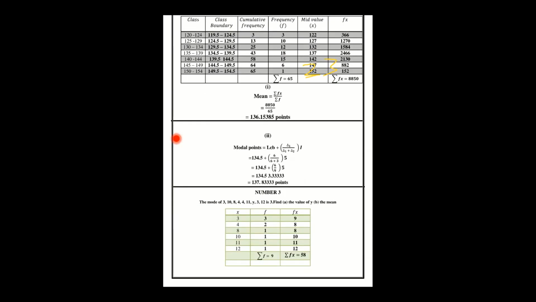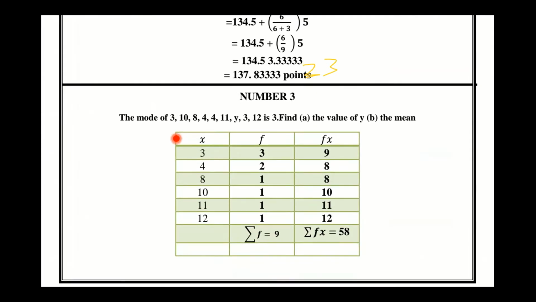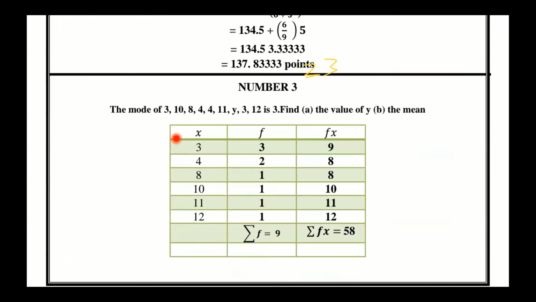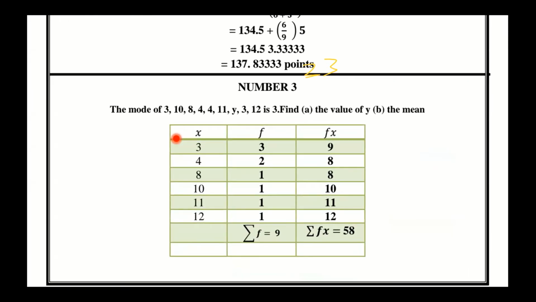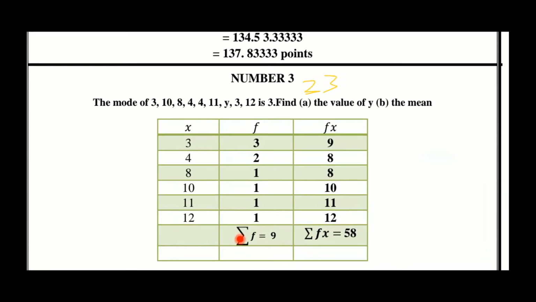And respectively, the frequencies: we are making y 3, so the value 3 will have a frequency of 3, and 4 remains with a frequency of 2. 8 frequency 1, 10 frequency 1, 11 frequency 1, and 12 frequency 1. When I add all the values of f, I'll have summation f equaling 9.